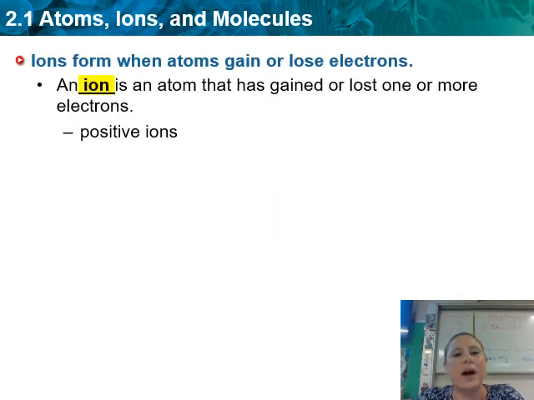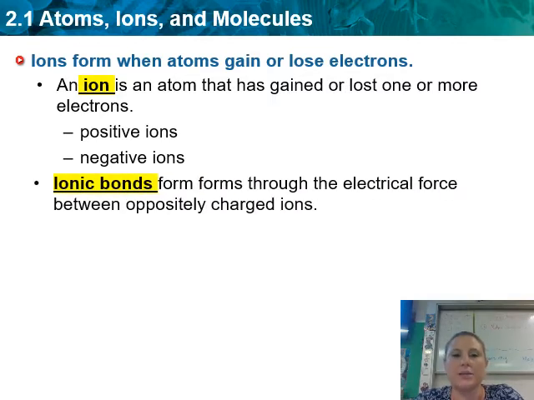Okay, so ions form when atoms gain or lose electrons. And so ions are a special type of compound. Sometimes when atoms get together, they will either gain electrons or lose electrons. And those electrons cause the particle to become either positively charged or negatively charged, because an atom is neutral because it has the same amount of protons as electrons.